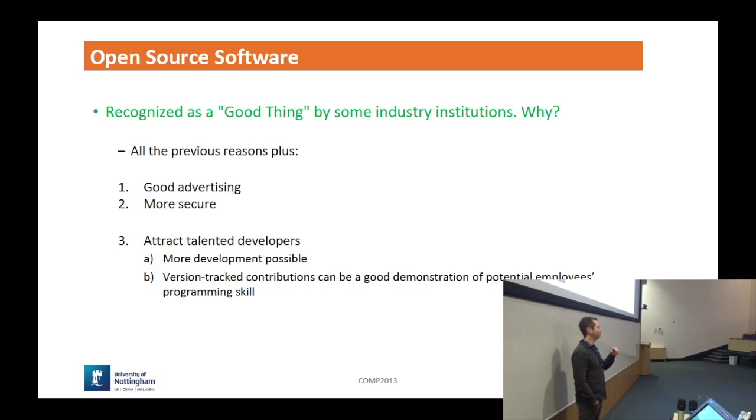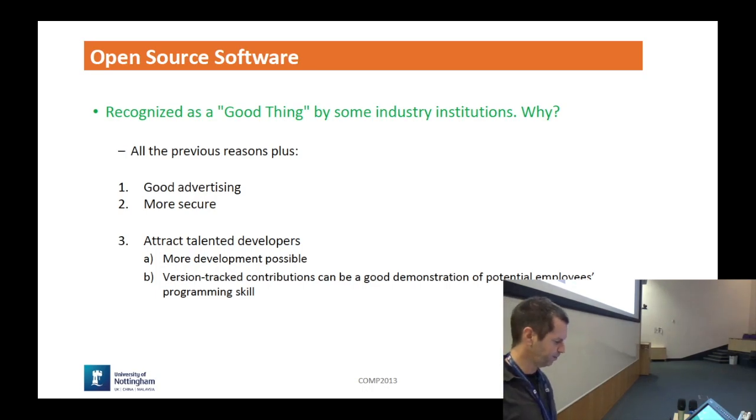One's open source and one was closed source. And the open source web server is generally seen as more stable, right, and more secure. And also, some people believe that using open source software can attract more talented developers to your company.